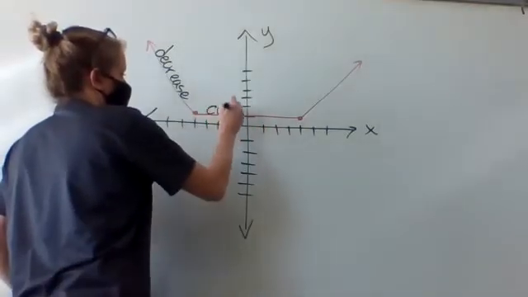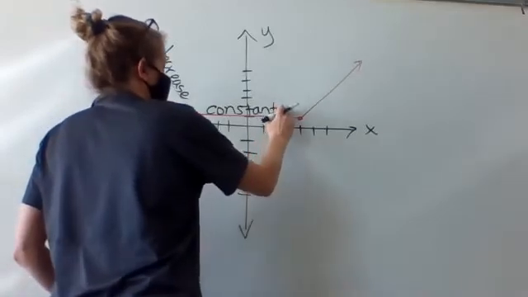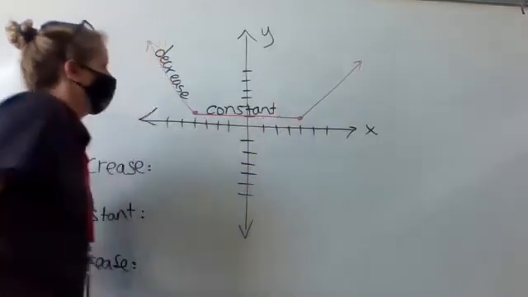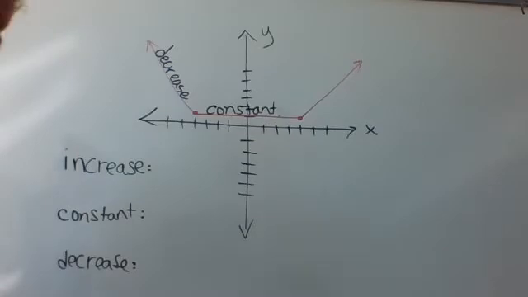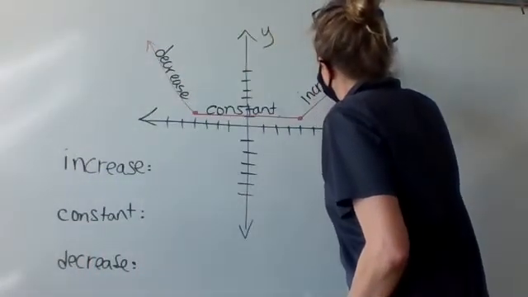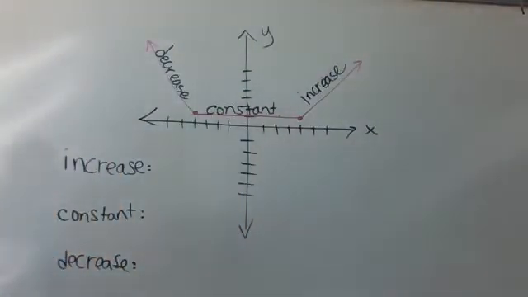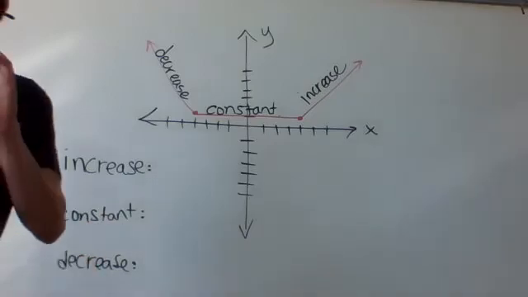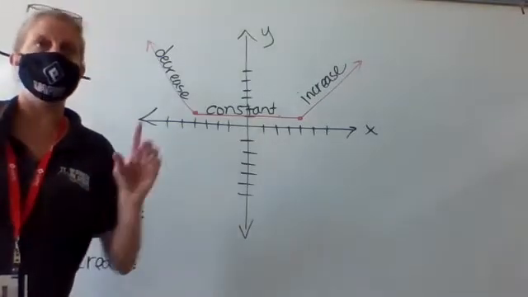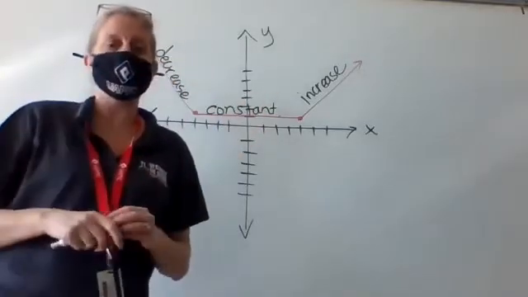Going straight across here, this is where the graph is constant. And then it starts going up right here. So it's increasing. These are all going to be answered in interval notation. So all the parentheses with the beginning spot to the ending spot.